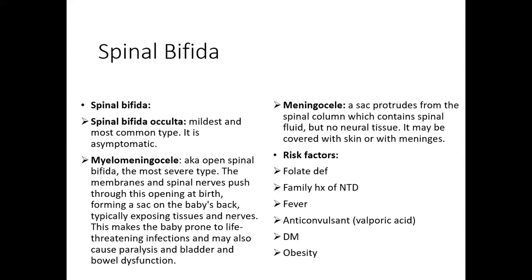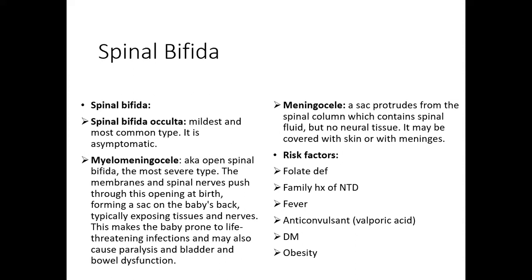Meningocele is a sac that protrudes from the spinal column, which contains spinal fluid but not neural tissue. All right, it may be covered with skin or with meninges. Don't forget that the risk factors include deficiency of folic acid, and that's why a lot of times, remember, we give folic acid to pregnant women during the antenatal period. Family history of neural tube defect.